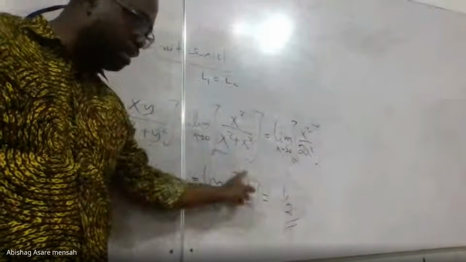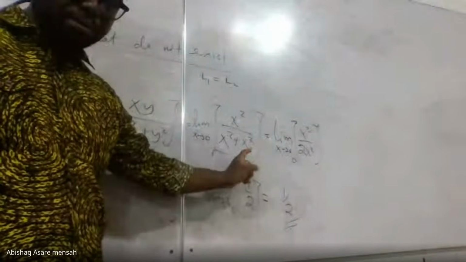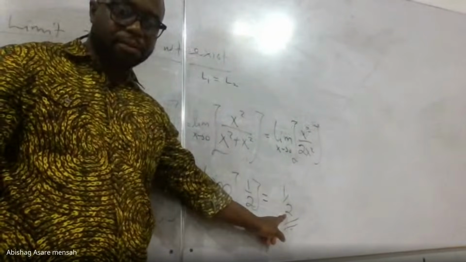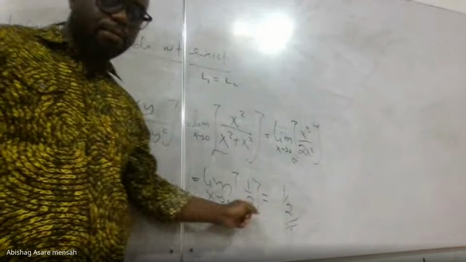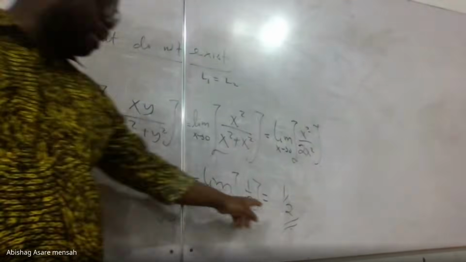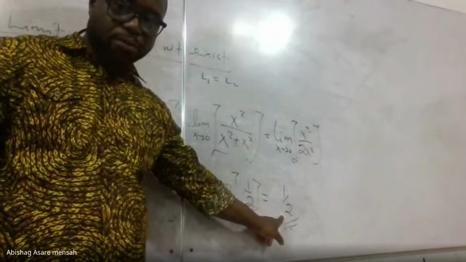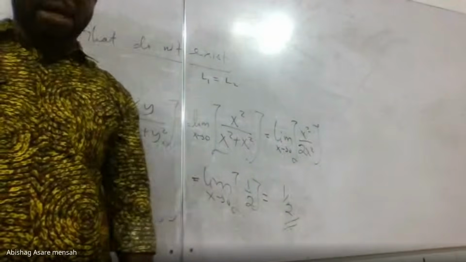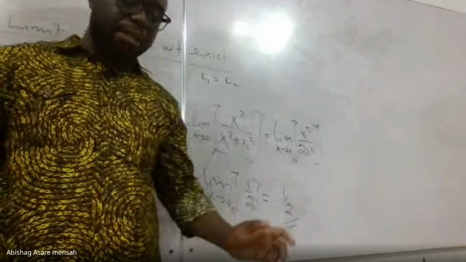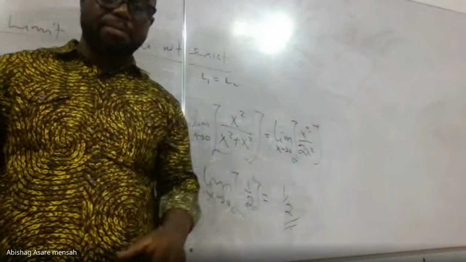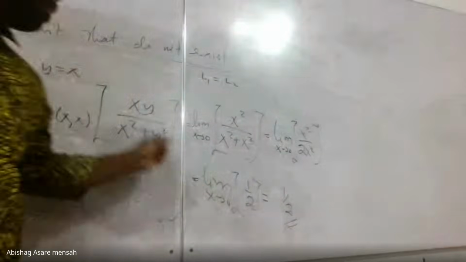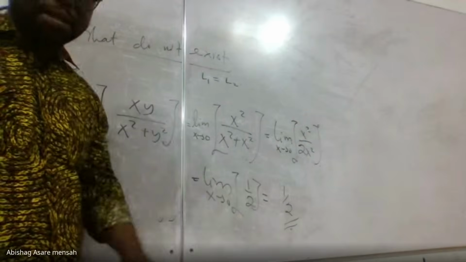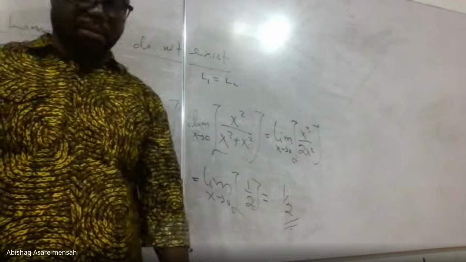There's no x here, so we still have a constant, that is 1/2. So setting y equal to x, we didn't get 0, but we have 1/2. This result is different from the original one. Since the three tests are not the same, we conclude that the limit of the function that was given does not exist.